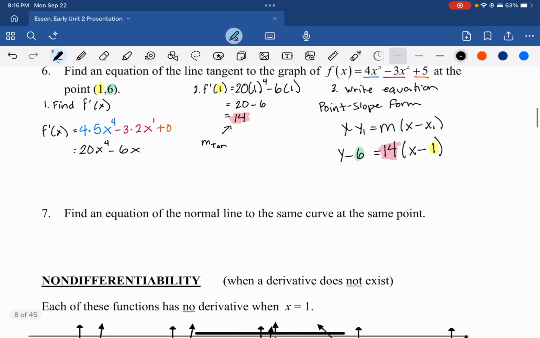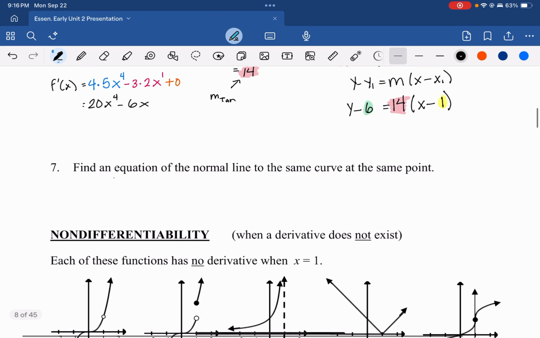Part 7 says find an equation of the normal line to the same curve at the same point. The slope of the normal is equal to negative 1 over the slope of our tangent.